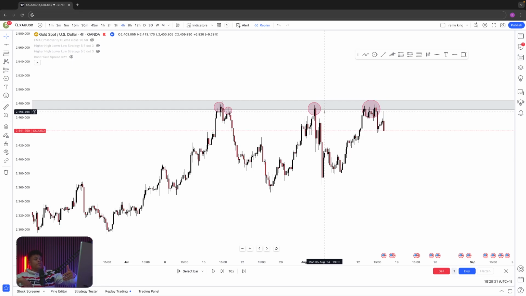I want to know the direction of the market before I even look for possible entry opportunities based off of technicals. And that's only possible if I know the fundamental direction behind everything, because we need to understand why the market is moving its way in order to enter a trade.